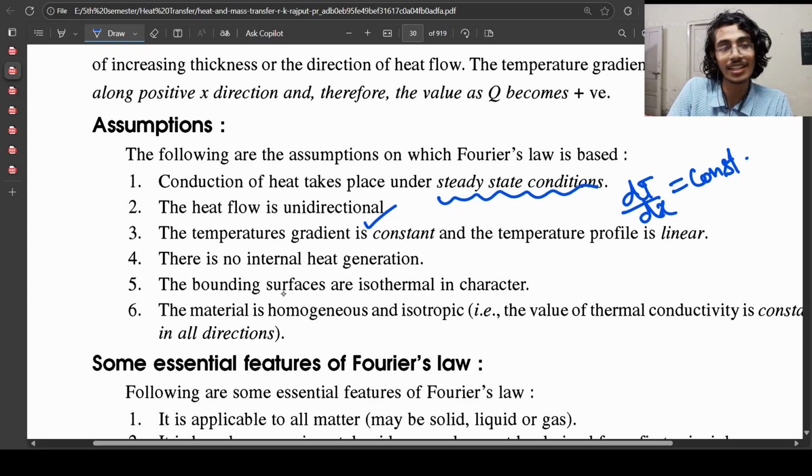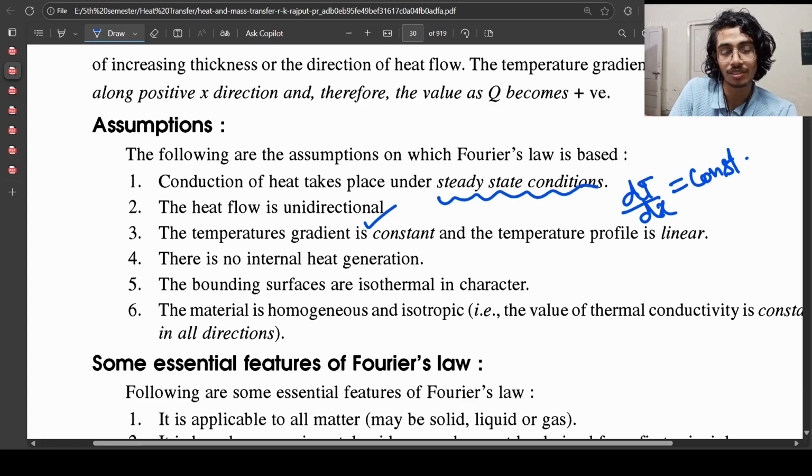There is no internal heat generation. Internal heat generation means, suppose there can be nuclear fissions and other processes due to which there can be generation of heat within this material, within this plane wall, within this slab. We will discuss it in more detail in the upcoming lectures when we derive the equations for the Cartesian coordinates of heat conduction.